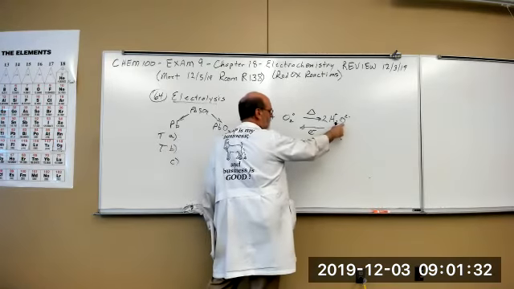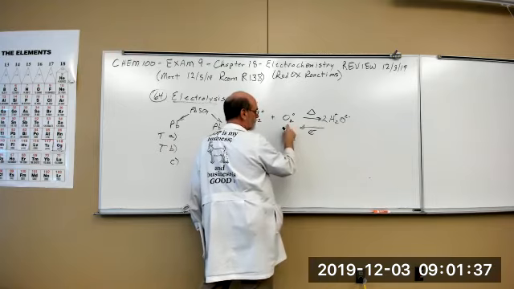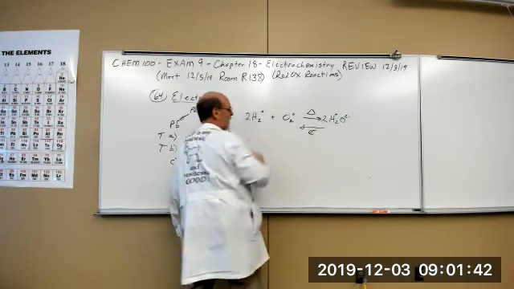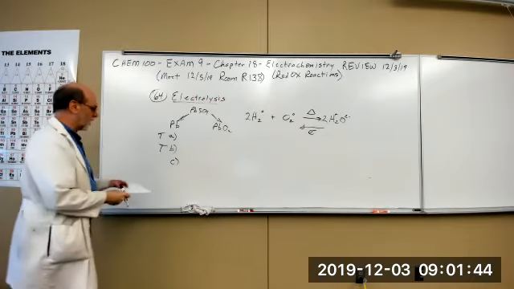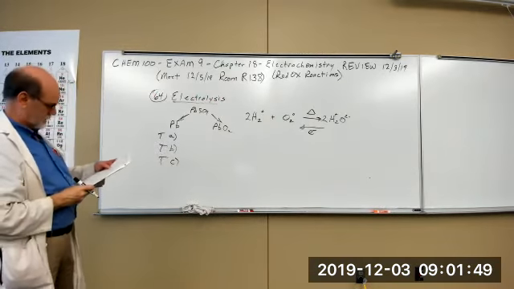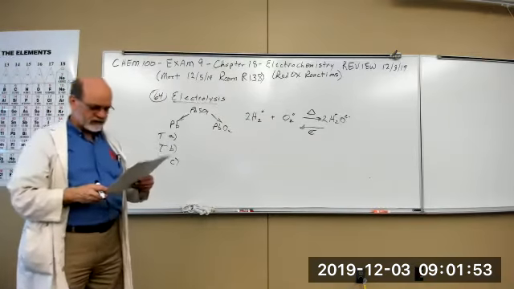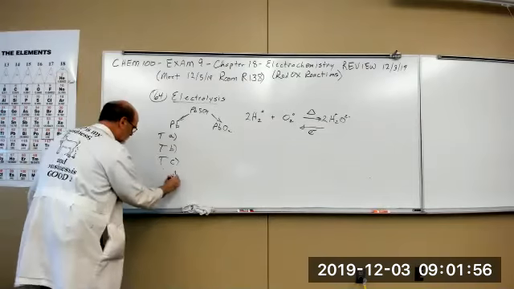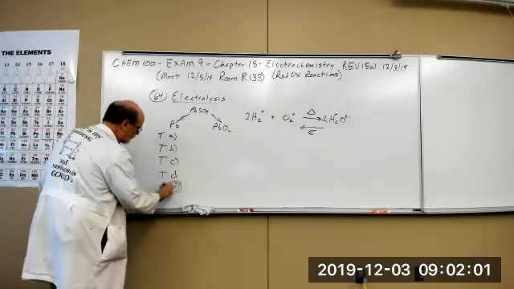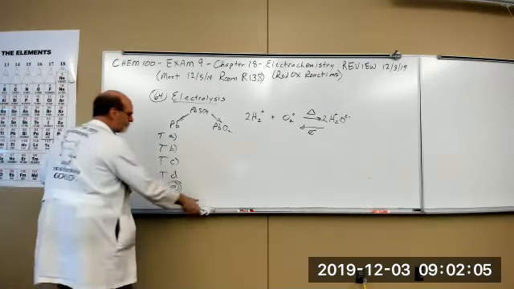So you're oxidizing oxygen, removing electrons to make this, and you're reducing hydrogen, adding electrons to make that. That's also electrolysis. Let's see. D, electrolysis is used to recharge a lead storage battery. Well, that's true. I just told you that one. So that means E is the answer, because E says all of them are true. Okay?